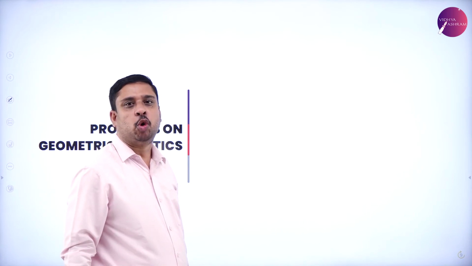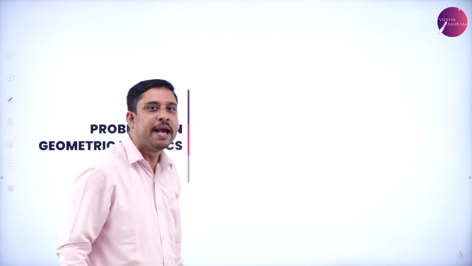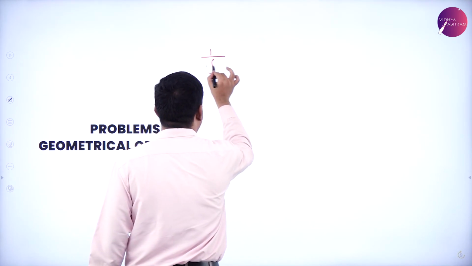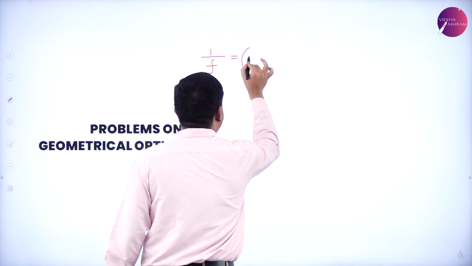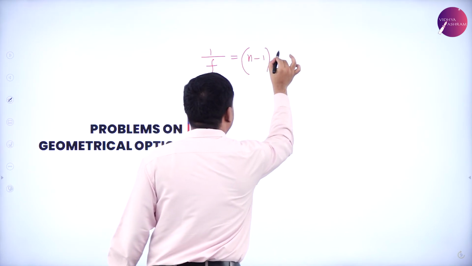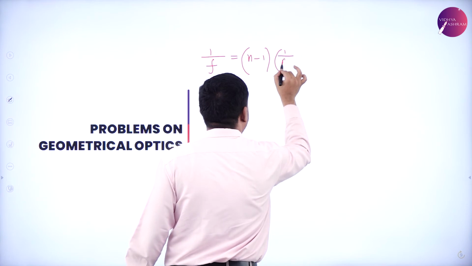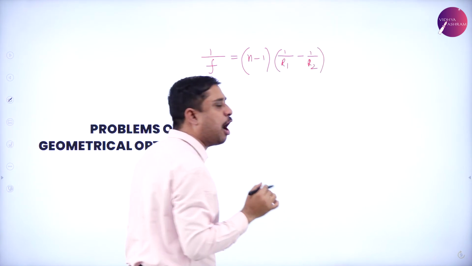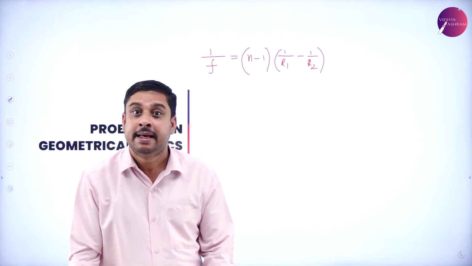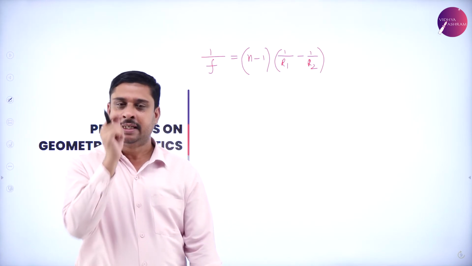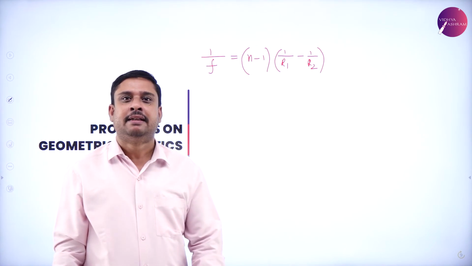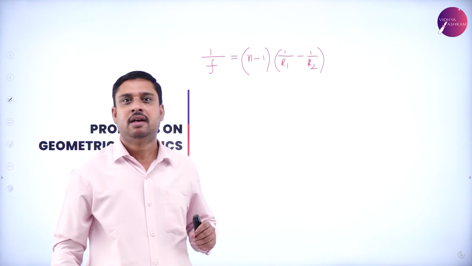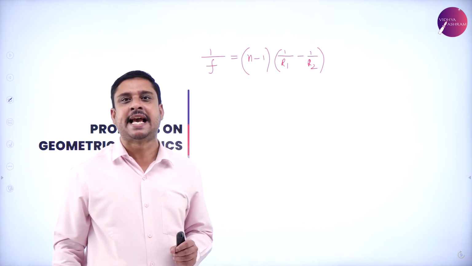Again, going back to the lens maker's formula, 1 by F is (n minus 1) into (1 by R1 minus 1 by R2). Here, yes, the glass is immersed in liquid, as in the previous case.